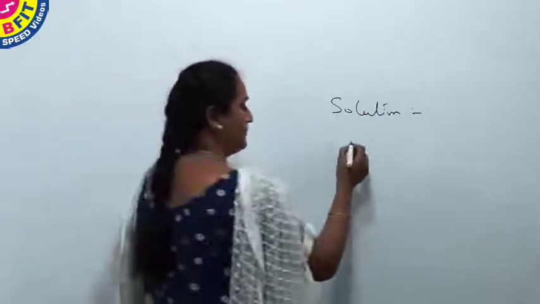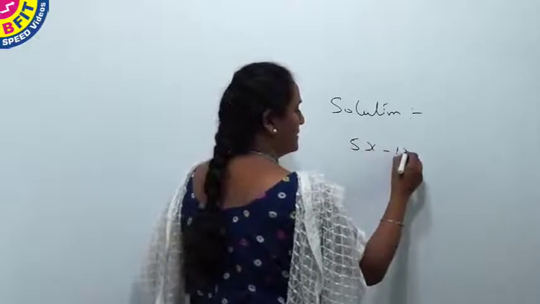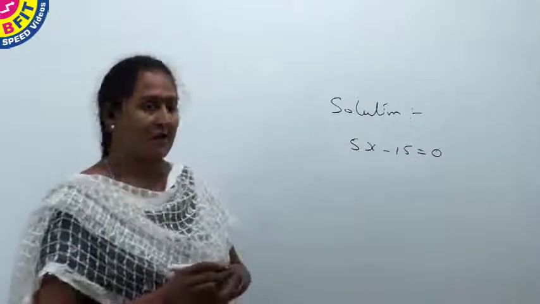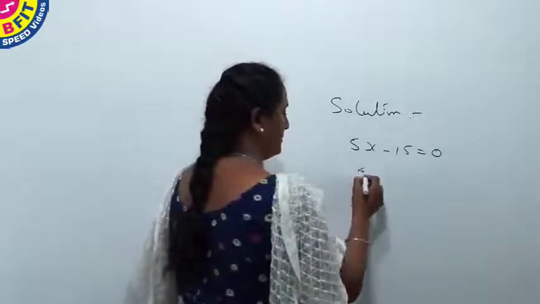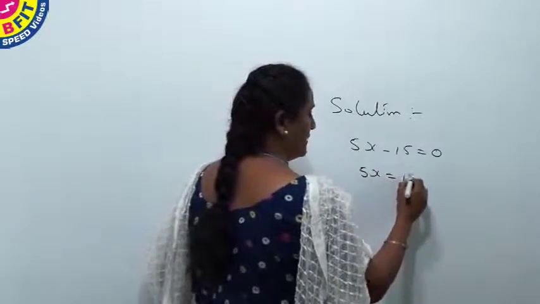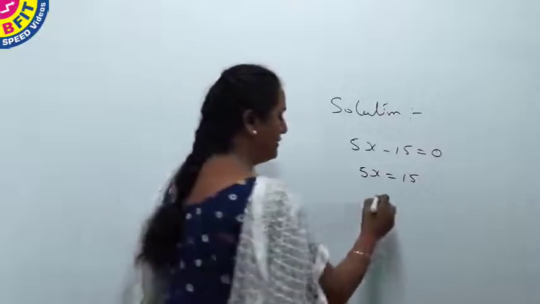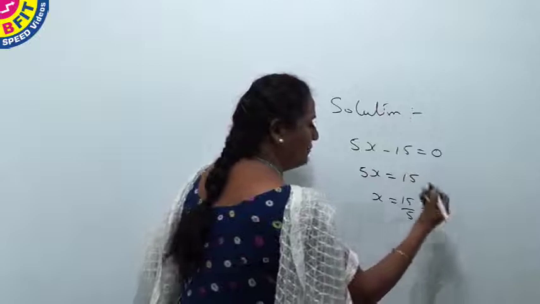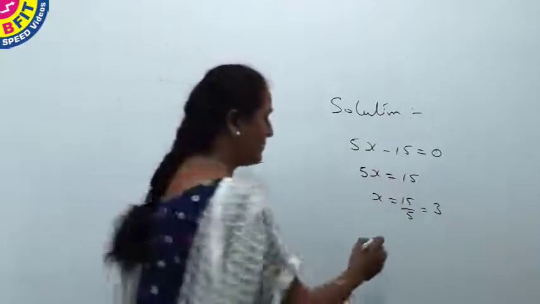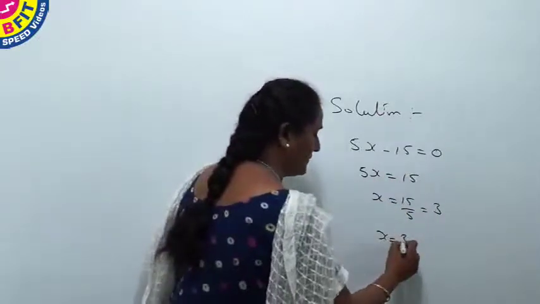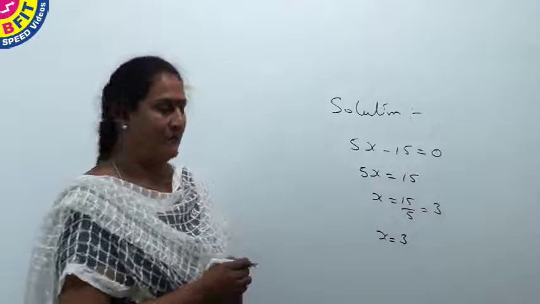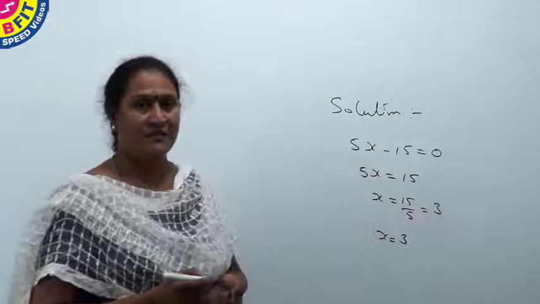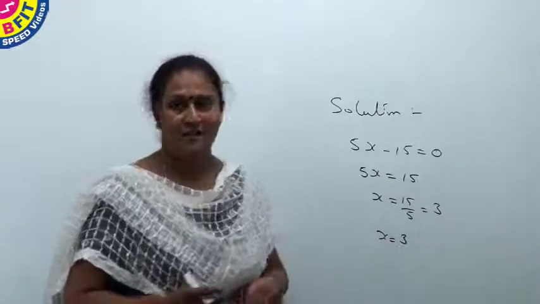Say, if 5x minus 15 equal to 0, solve this and get the value for x. So 5x equal to 15, where x is 15 by 5, which is equal to 3. Here x equal to 3 is the solution of this equation. When you substitute the value 3 for x, the equation is satisfied. We will check that.